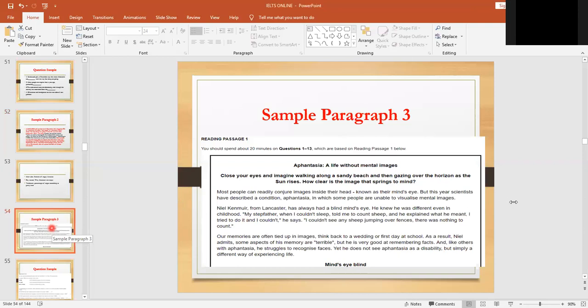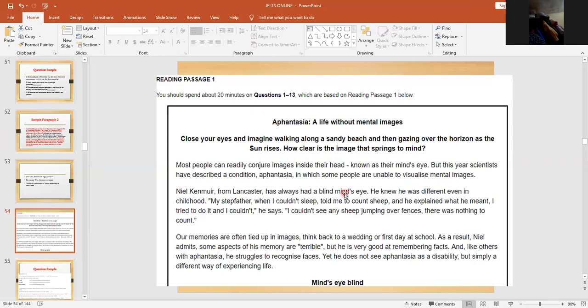Okay, let me do something now. How is it now? Still the same, it's still the same sample paragraph 2. Okay, maybe there's a problem of the slide transitioning. How is it now? Yes, we have gotten it.